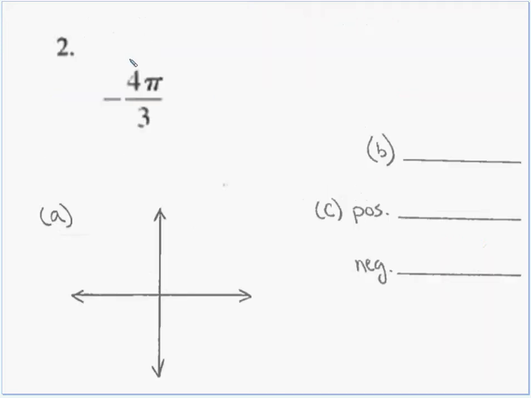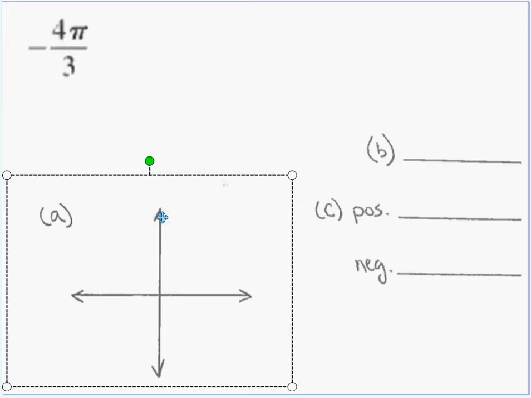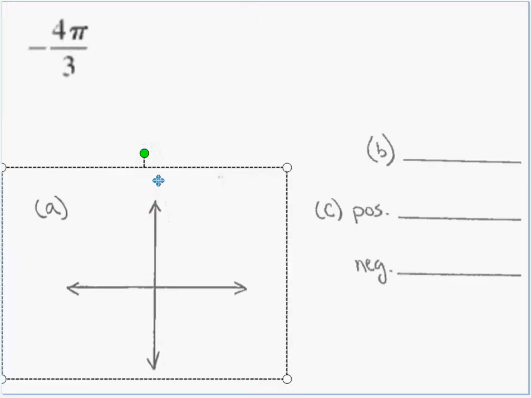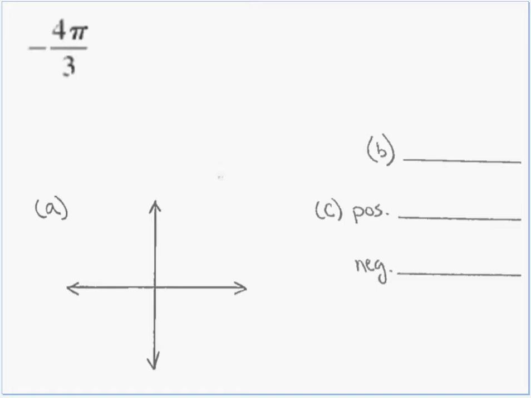All right, for question 2, it's the same instructions, but now our angle has been changed into radians. So our angle is negative 4/3 pi radians. First, we want to figure out what quadrant our angle lies in. Remember, as we go around the circle here, every quadrant is 1/2 pi radians, or half the circle is pi radians.